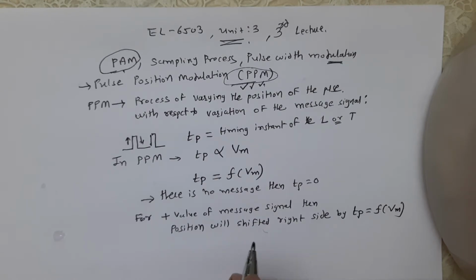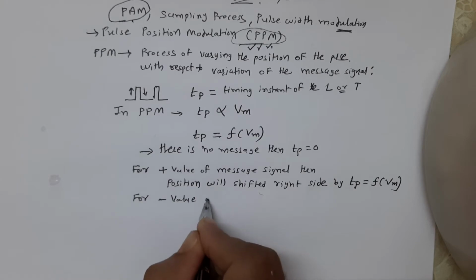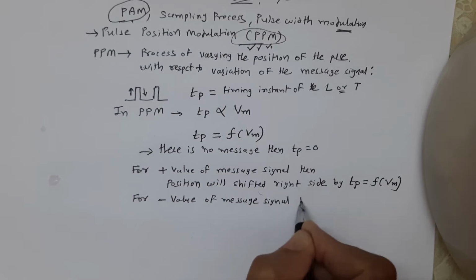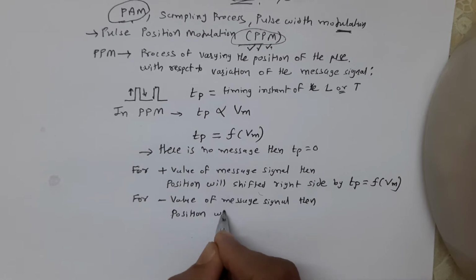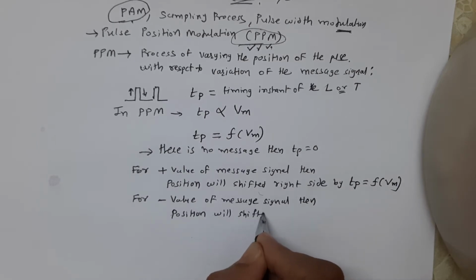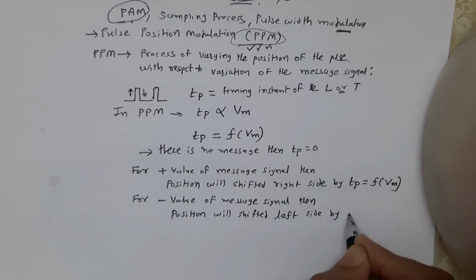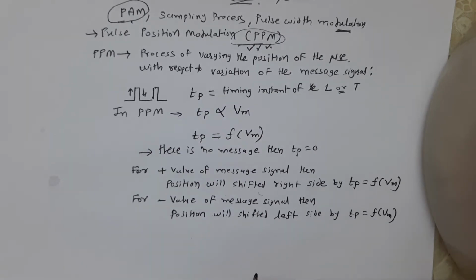For a negative value of the message signal, the position will be proportionally shifted left hand side by Tp equal to function of Vm.